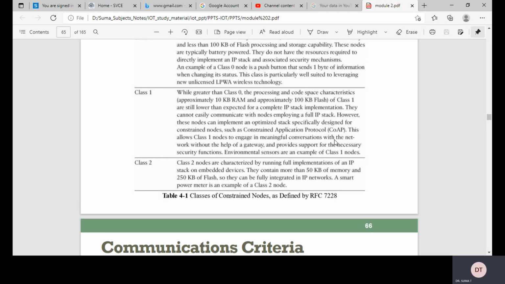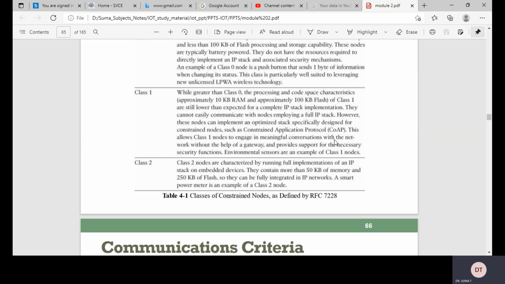They cannot easily communicate with nodes employing a full IP stack. However, these nodes can implement an optimized stack specifically designed for constrained nodes, like the Constrained Application Protocol, CoAP.